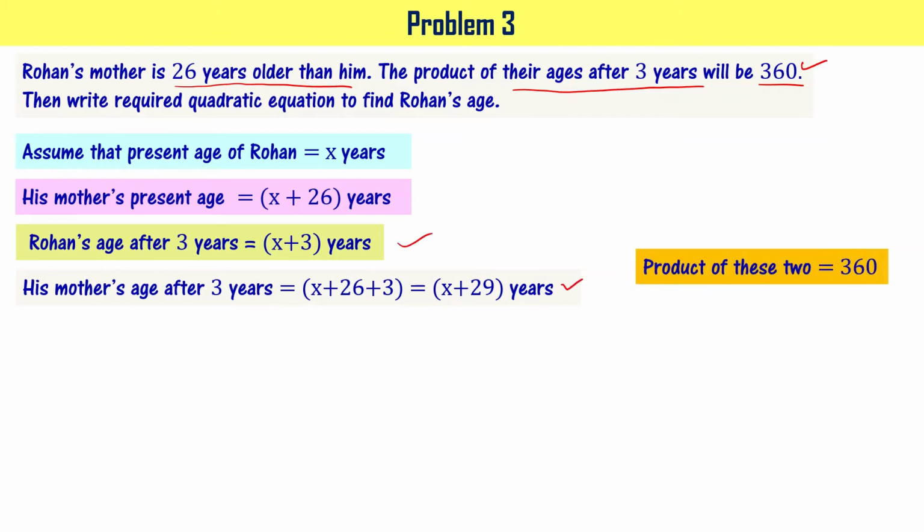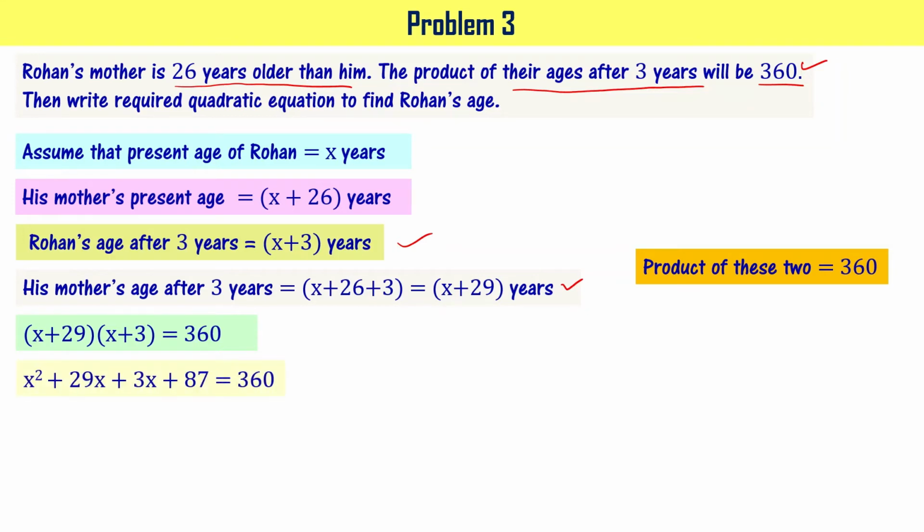So as per the second statement, the product of these two is equal to 360, right? Let's write that now. (x + 3)(x + 29) = 360. When you multiply, I have multiplied both of these with this particular x now, right?